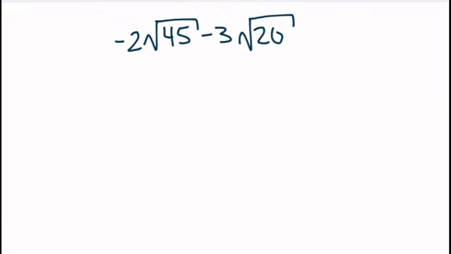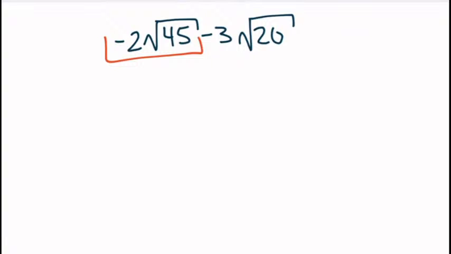Now, how do we figure out which radical we're going to simplify them down to? Well, first, I would recommend simplifying each individual radical by dividing them by perfect squares that they can be divided into. So we're going to look at negative 2 radical 45 first.